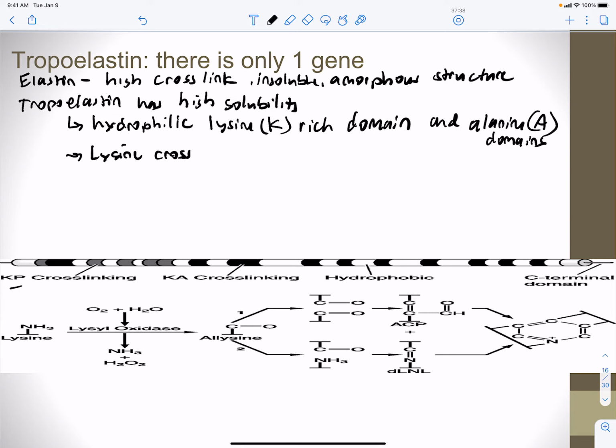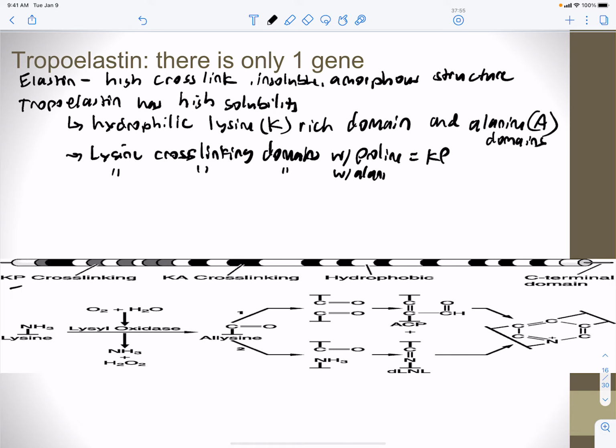Cross-linking. And then we have lysine cross-linking domains with alanine, equal Ka. So we have our Kp cross-linking and we have our Ka cross-linking.